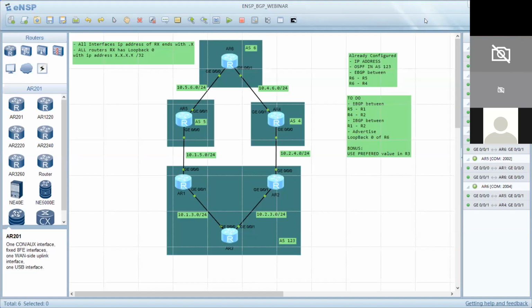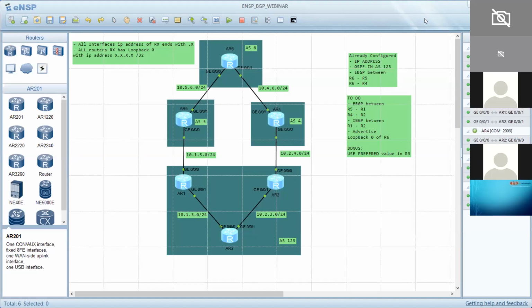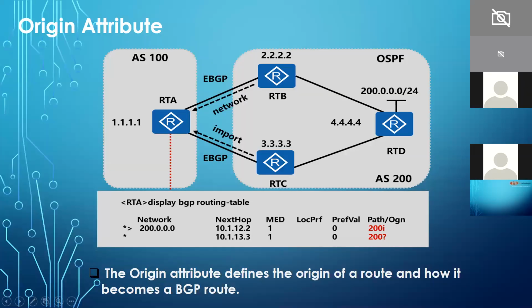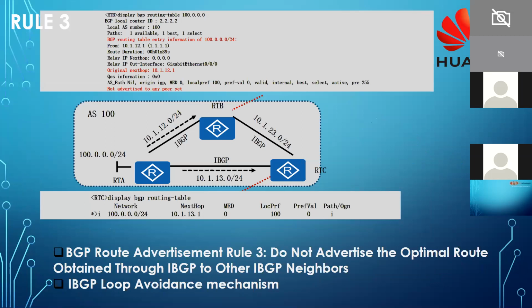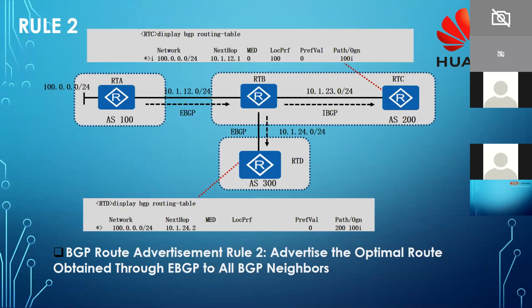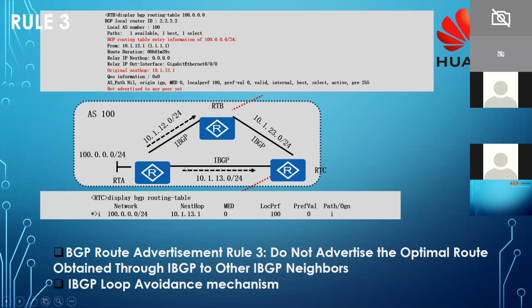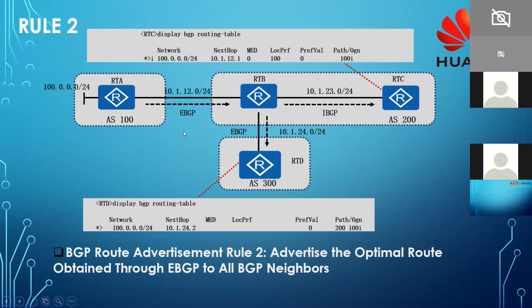On this slide, here is an eBGP link between RTA and RTB, and you use the local private network for describing it. Why?